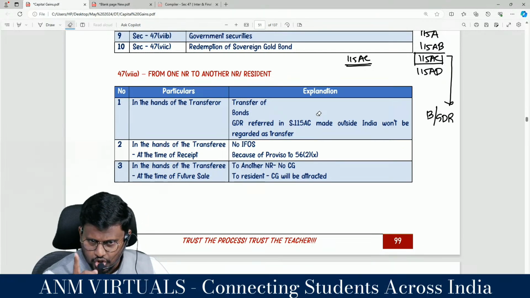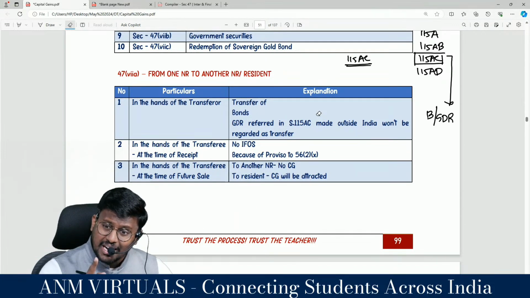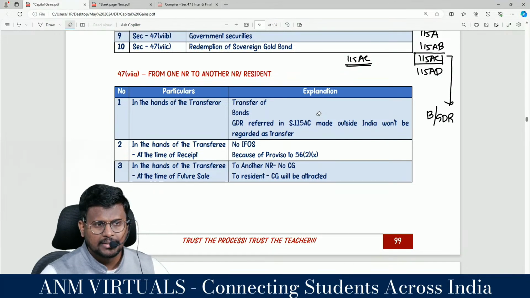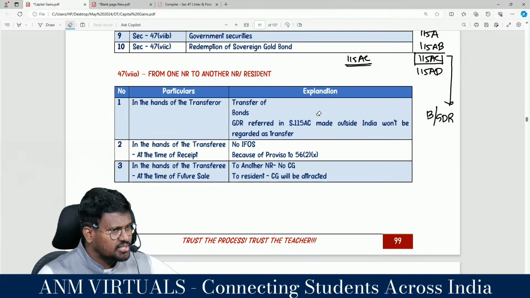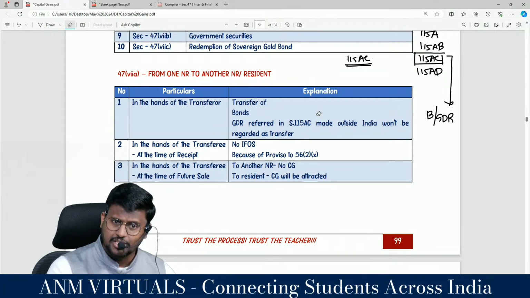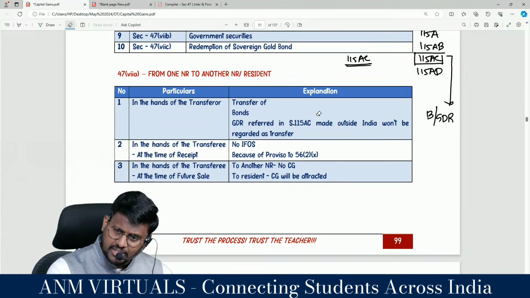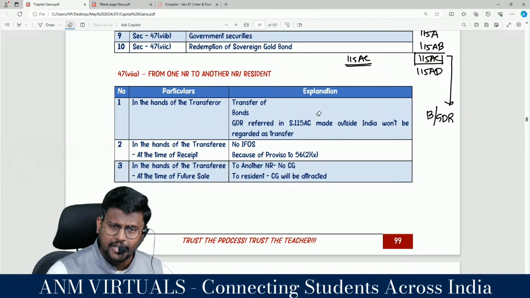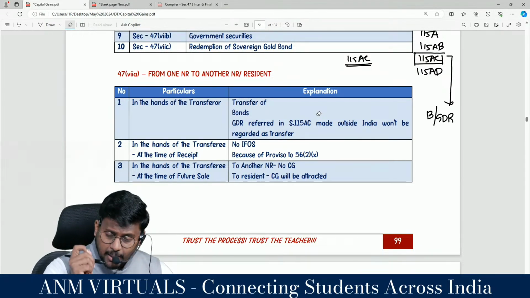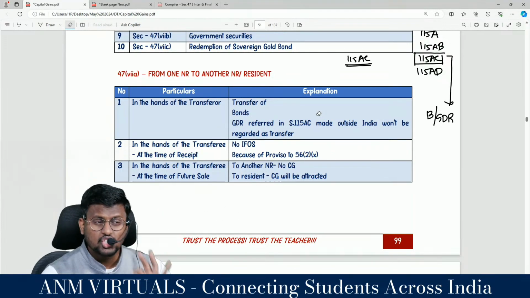Transfer of bonds or GDR referred under section 115AC by one non-resident to another non-resident outside India will not be regarded as transfer in the hands of the transferor non-resident. Even if the recipient non-resident transfers to another non-resident, still it will not be regarded as transfer. But if the recipient non-resident transfers to a resident, it will be regarded as transfer, because the chain is cut.